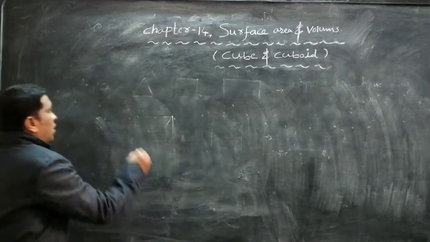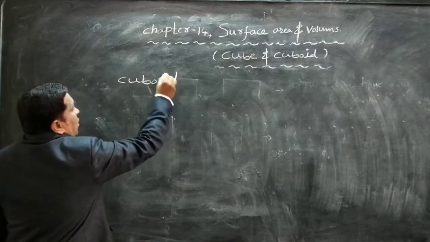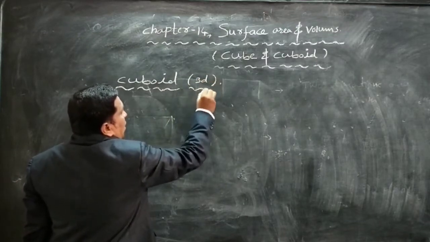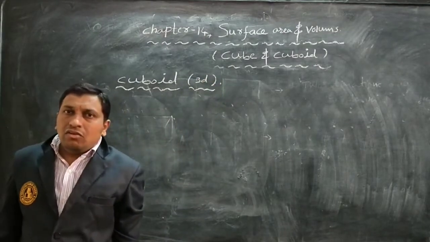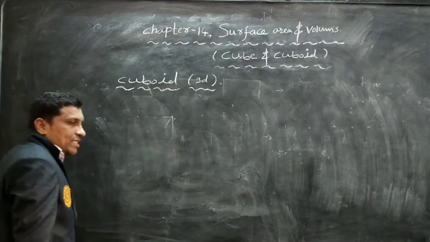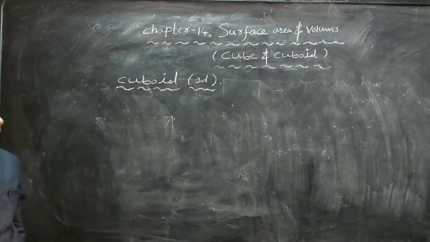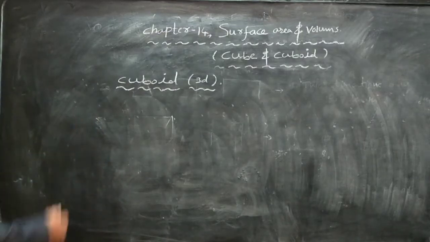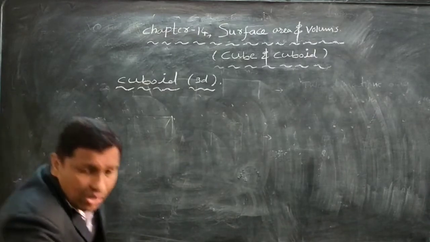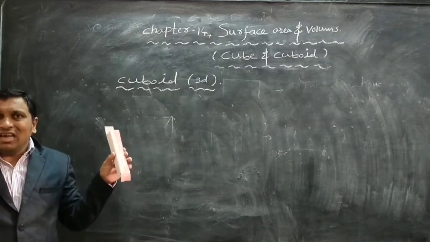For example, let us take a cuboid. A cuboid is a 3D figure. We know a cuboid has three dimensions, that is length, breadth as well as height. So a cuboid is called a three-dimensional figure. For example, this is a cuboid, consisting of three dimensions: length, breadth and height.